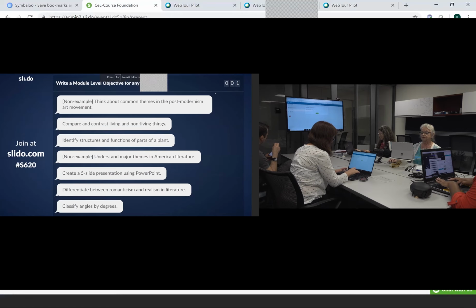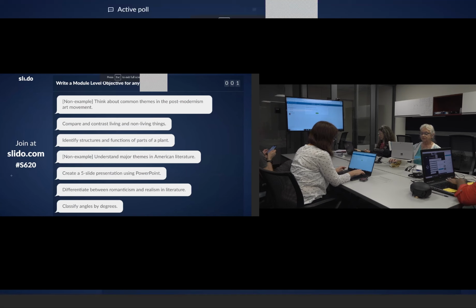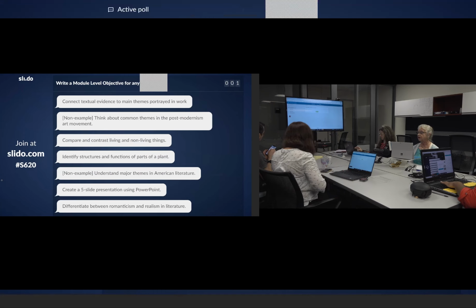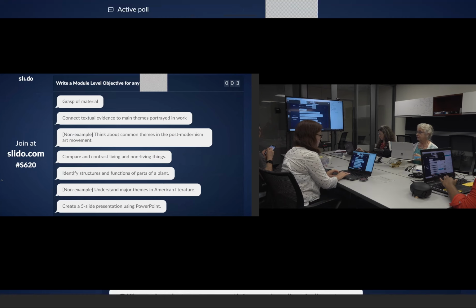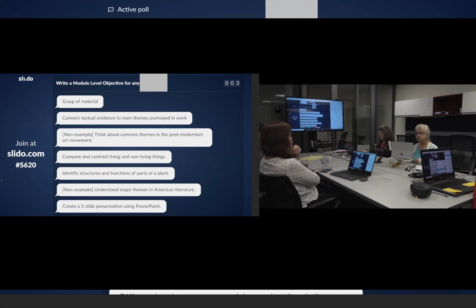Remember that when you're writing objectives, avoid jargon and complicated terminology. Classify angles by degrees. Differentiate. Oh, somebody's looking at our Bloom's taxonomy verbs. Differentiate between romanticism and realism in literature. As you're looking at these objectives, and as you're writing your own, think about whether they are measurable, something that your students could provide evidence of.